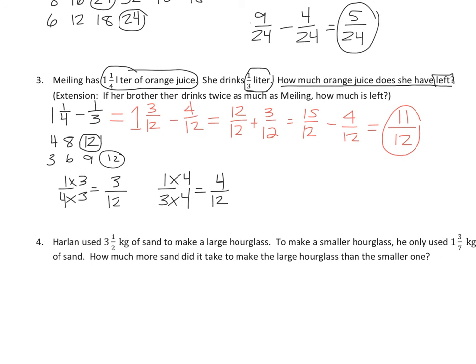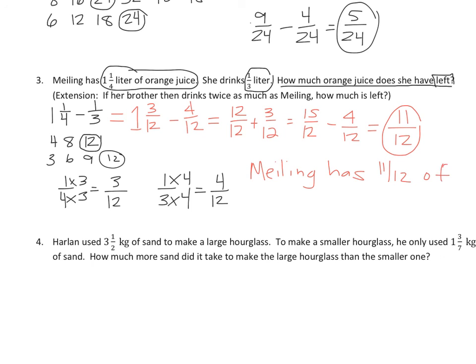So this one was a little tricky. So let's write our sentence down for the question. How much orange juice does Mei Ling have? So Mei Ling has 11/12 of a liter.